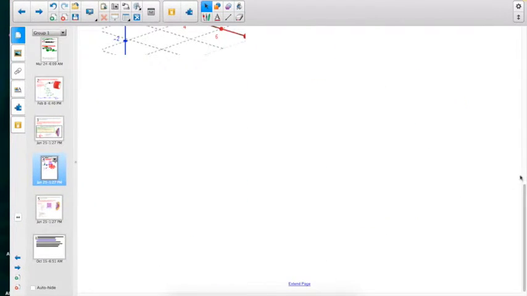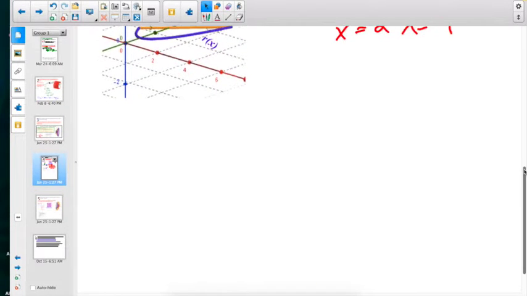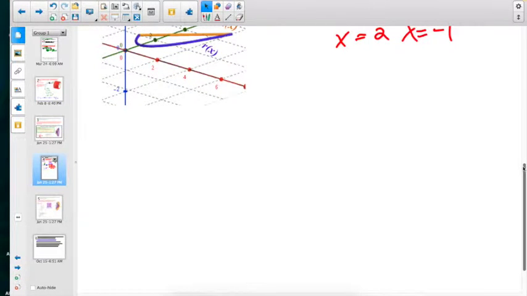Okay, so we have our limits of integration. We know we're integrating from -1 to 2.